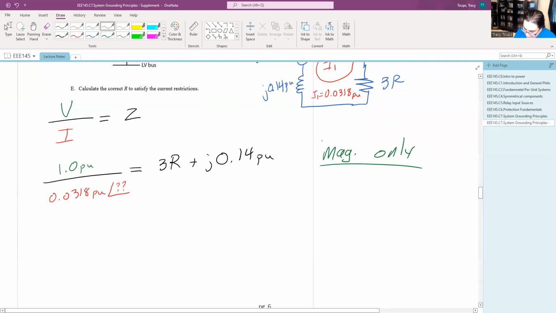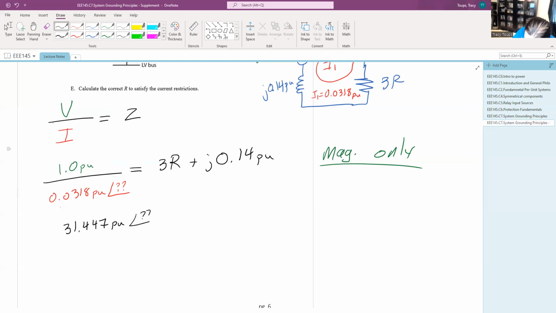So let's just look at magnitudes. Well, I could simplify 1.0 divided by 0.0318. Let's get a calculator out and quantify that. 1 divided by 0.0318 is 31.447 per unit. And now there's a questionable phase angle involved here. This is going to be equal to 3R plus J0.14 per unit.